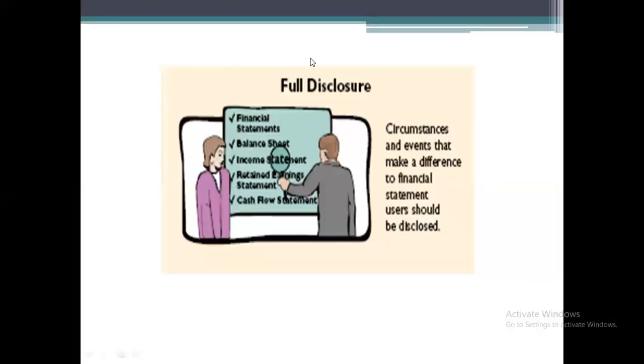Financial statement? No, I'm talking about any. Those are the basic things, balance sheet, income statement. When I talk about full disclosure, what could be the examples? You guys understand the terminology, full disclosure? It's nothing but that you need to publish the information.